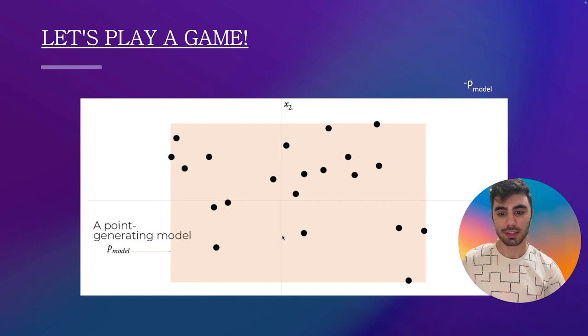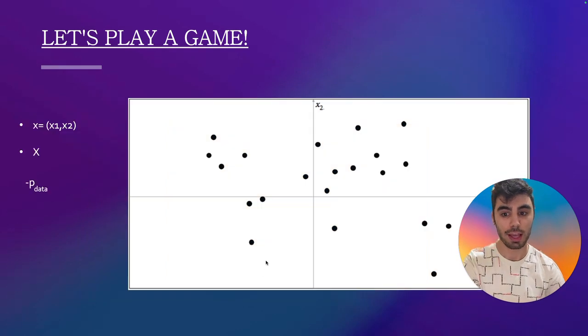As you can see here, this is our P model. P model tries to mimic P data. P model and P data are completely different, but in the previous video I told you to be a generative model, to put a new point in the plane similar to the P data, similar to what we have. And I hope you didn't place the point at the corners.